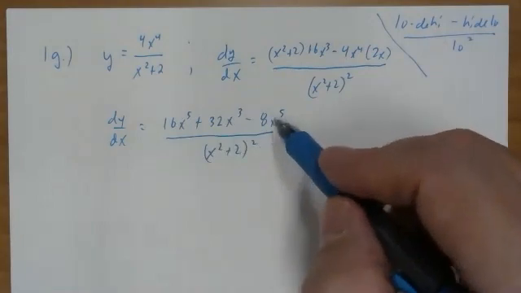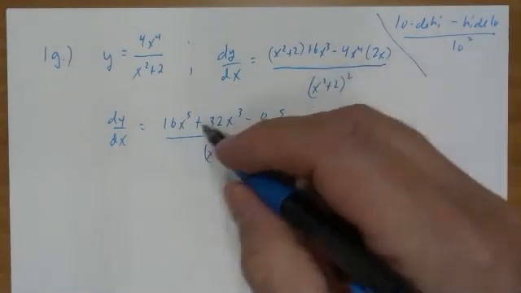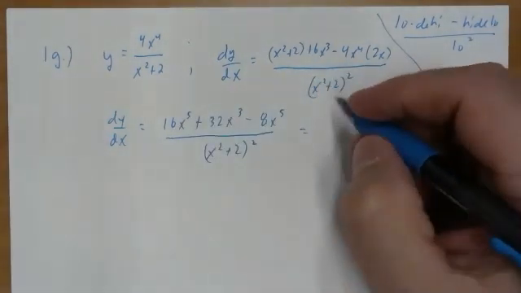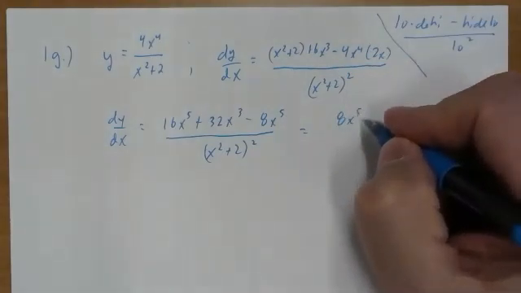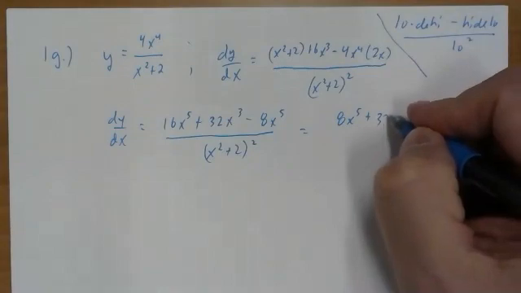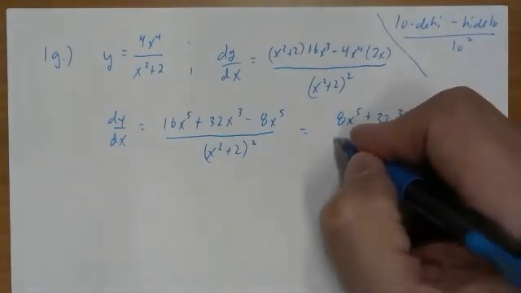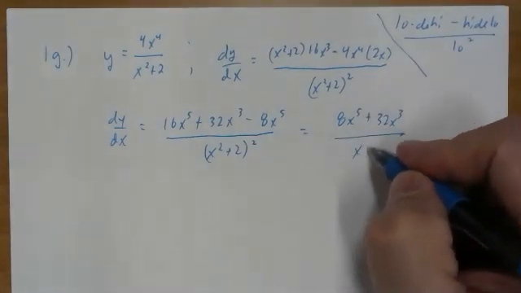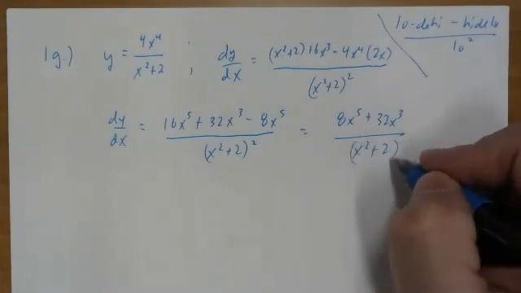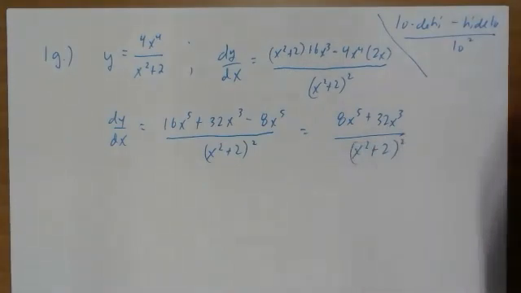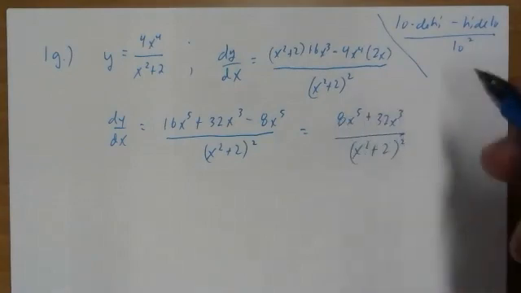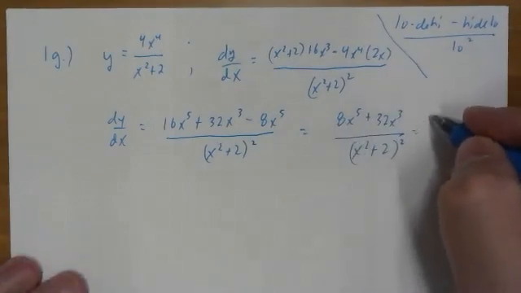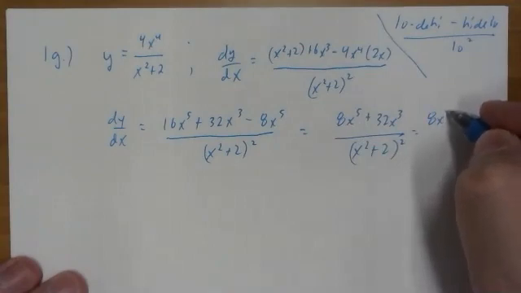Now I do have some like terms I could combine. 16 minus 8. 8x to the 5th plus 32x to the 3rd over x squared plus 2 squared. Now I can go on to factor out an 8x to the 3rd out of the numerator.